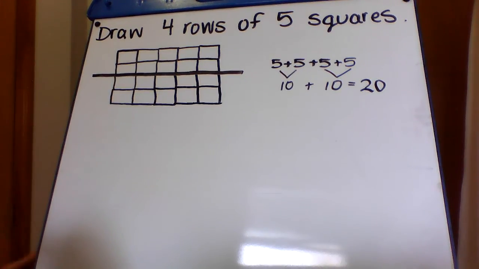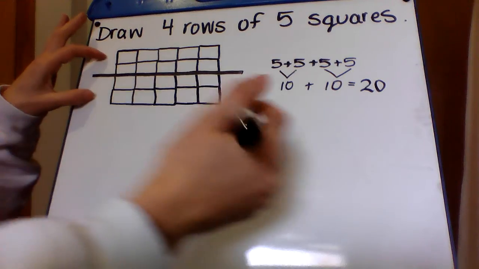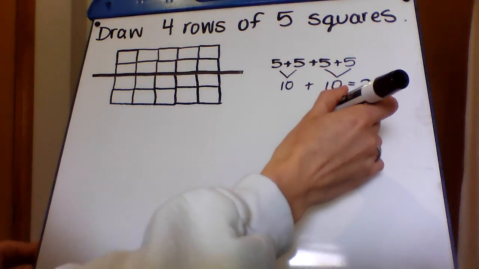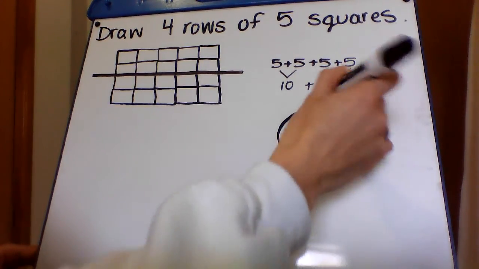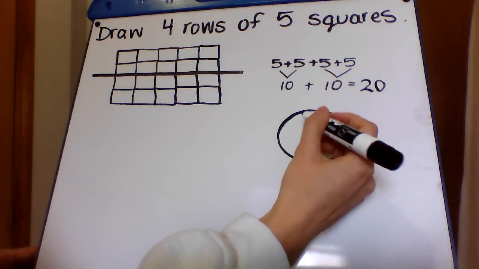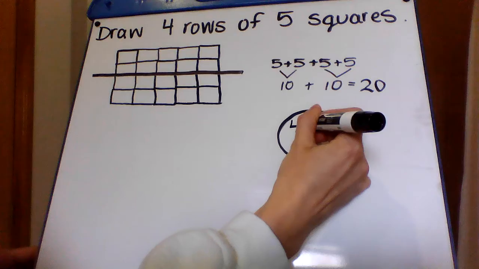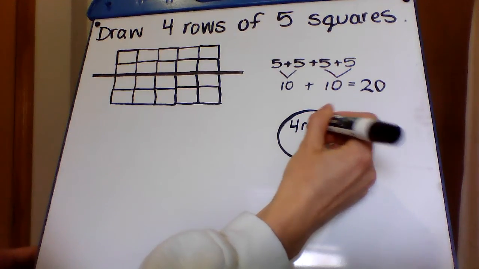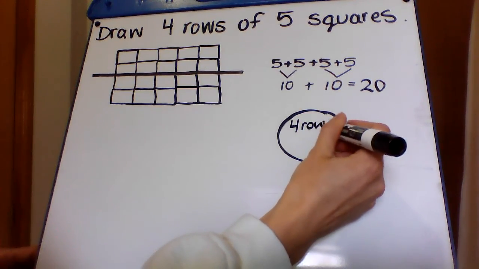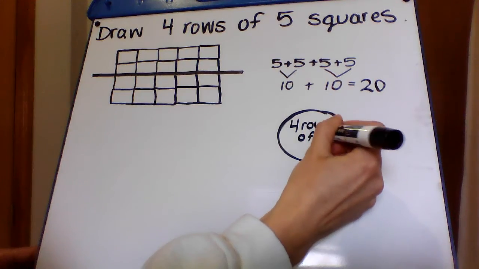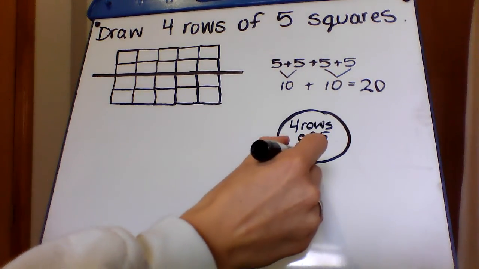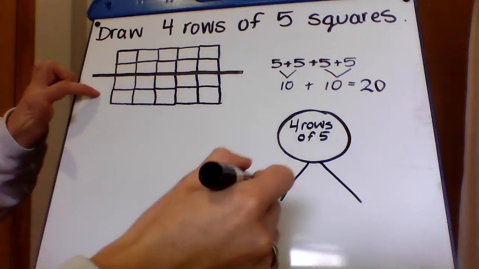So instead of 4 rows of 5, which we had total, and I'm going to keep that, we're actually going to draw it into a number bond, which I think you're going to like because you ladies are very good at number bonds. 4 rows of 5, and we're going to decompose it into, which we just drew.